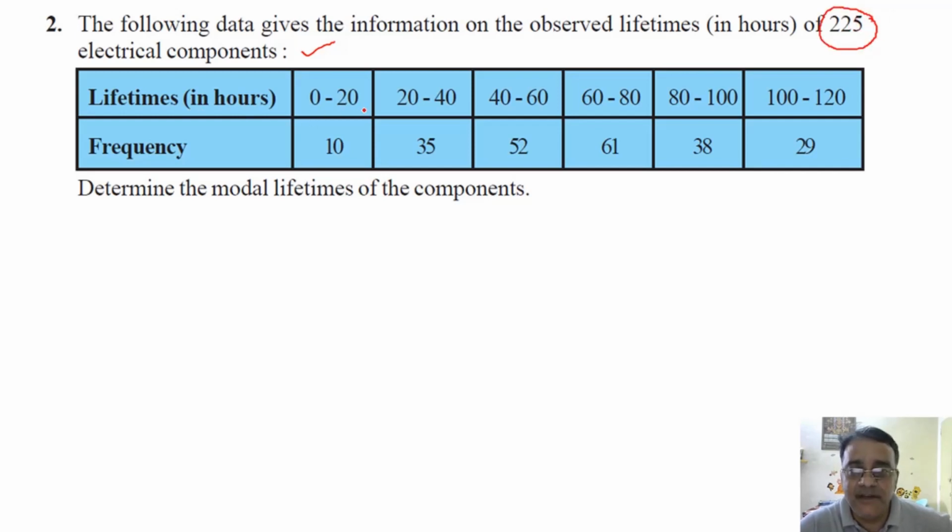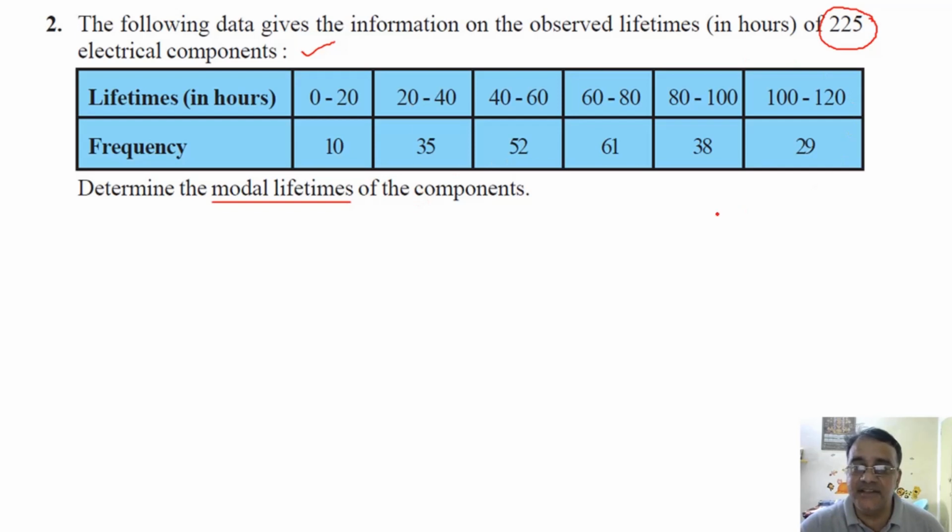The lifetime is given in the form of class intervals, and we have to find only the modal lifetime, means the mode. So there is no need to prepare a separate table here, but in the exam you have to make a rough table also. It is not that because it was given in the question, you don't make the table. You have to make the table in the exam. Here I am not making it because the table is already visible on this slide.